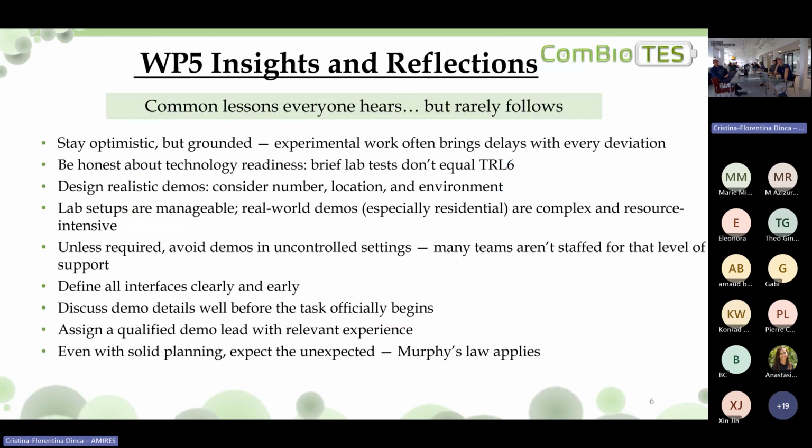And so as a coordinator, if I have to give a very simple reflection: when you build a proposal and during the project, you have to stay optimistic.